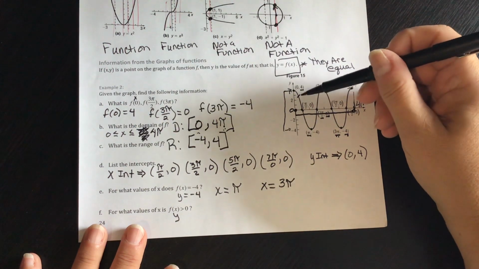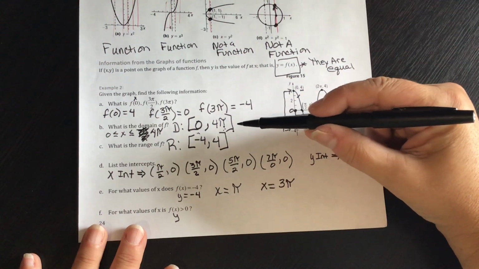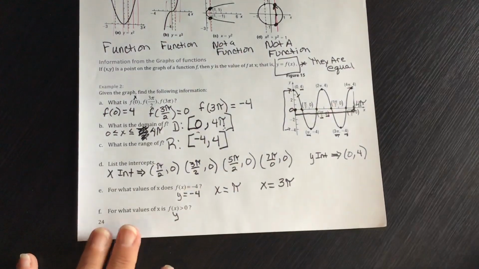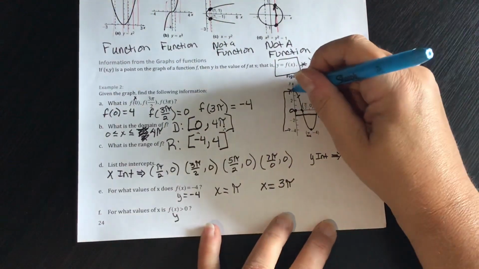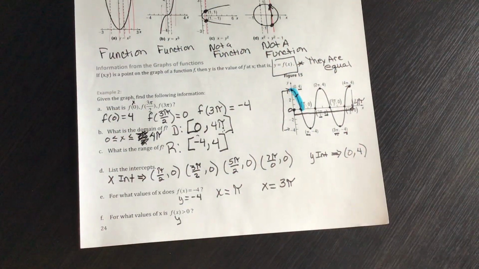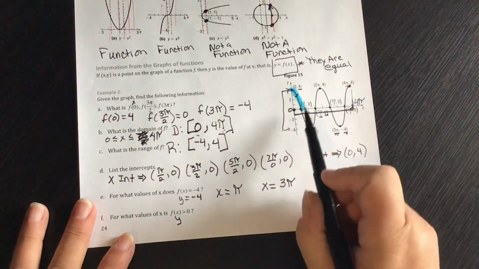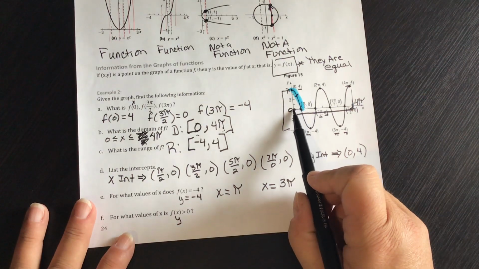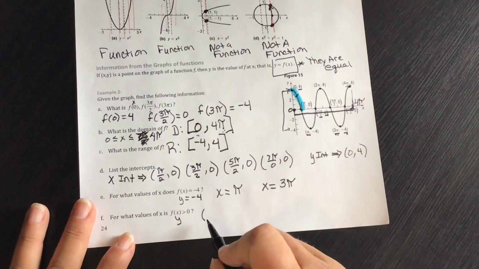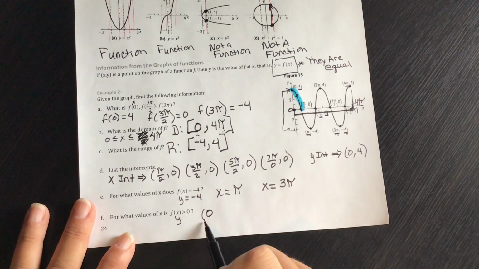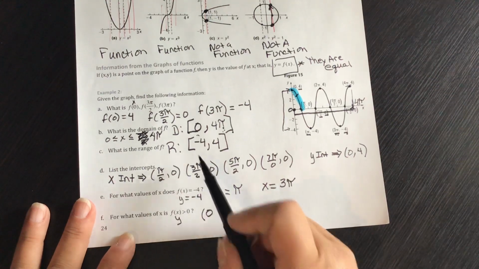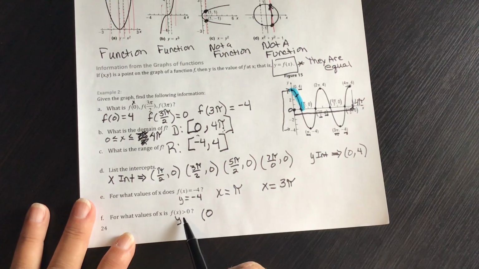So now we're going to use our set notation to describe where y is greater than 0. The x values, that's what we're looking for, are between 0 and pi over 2. So I would write that as 0, and this time I included a parenthesis instead of a bracket because I don't have an equal sign here.